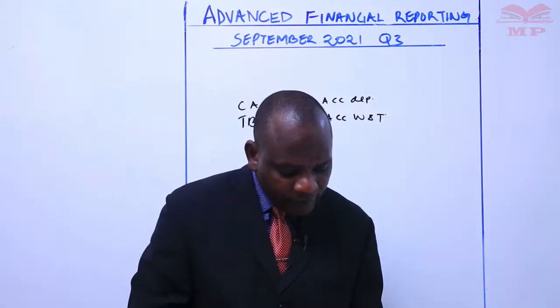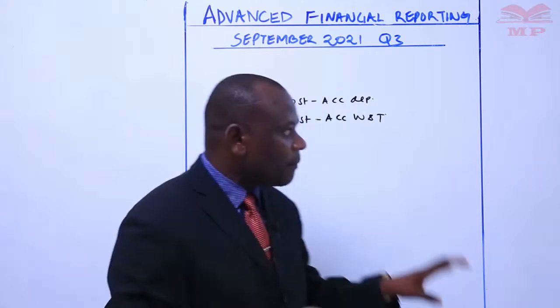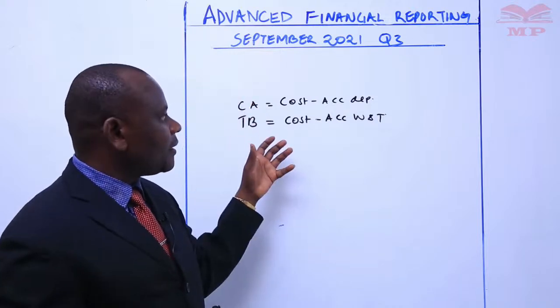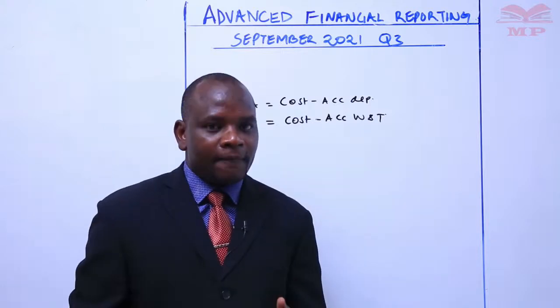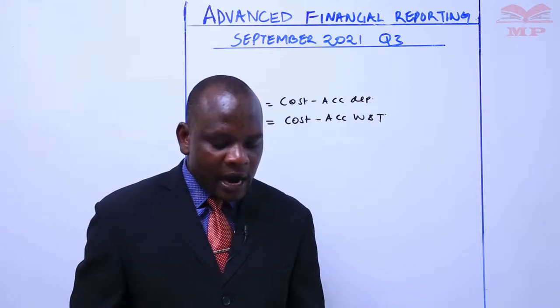The next thing is telling you to differentiate between them. I was just elaborating on what is deferred tax. And I would say that deferred tax is an accounting measure that is used to match the tax effects of transactions to their accounting impact.